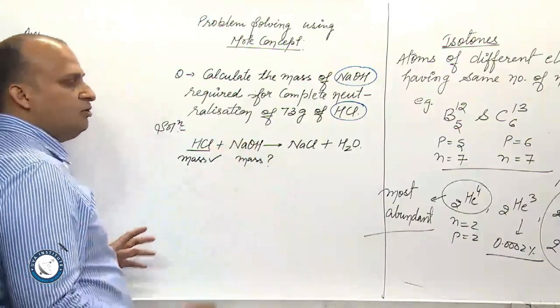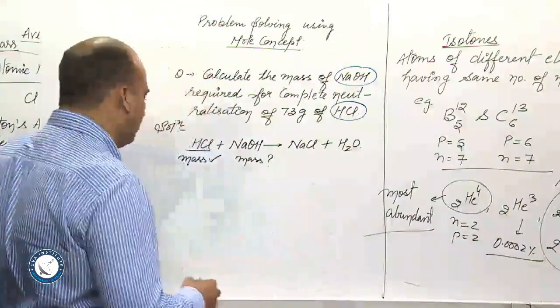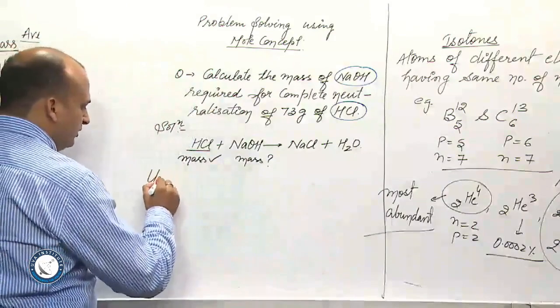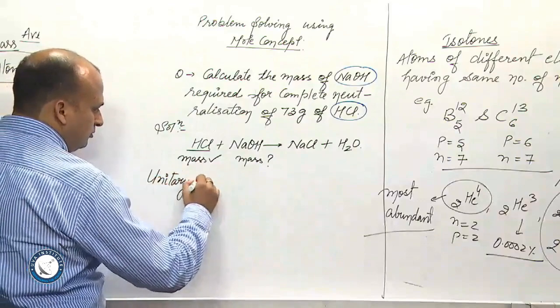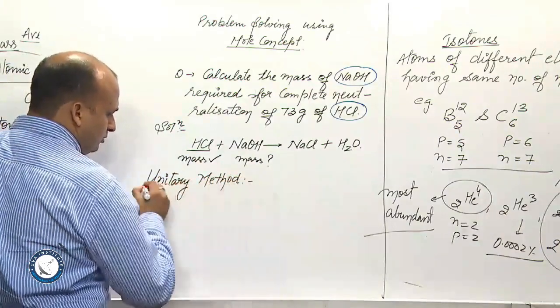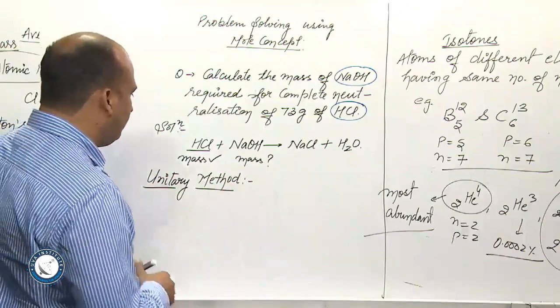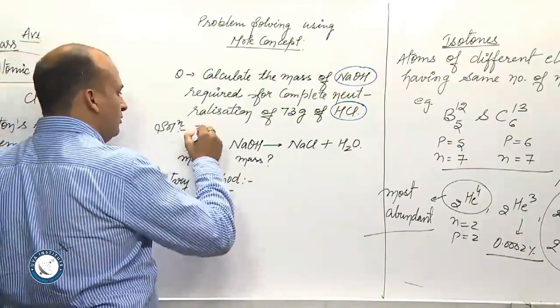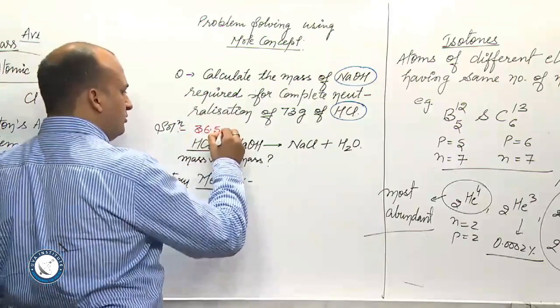Now, before I even go to the mole concept, let me solve this question by using the unitary method. Now what does the unitary method say? What is the molar mass of HCl? 36.5 grams.